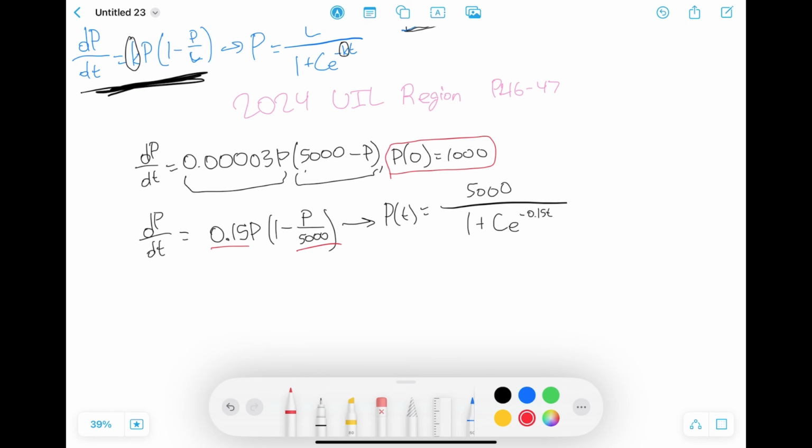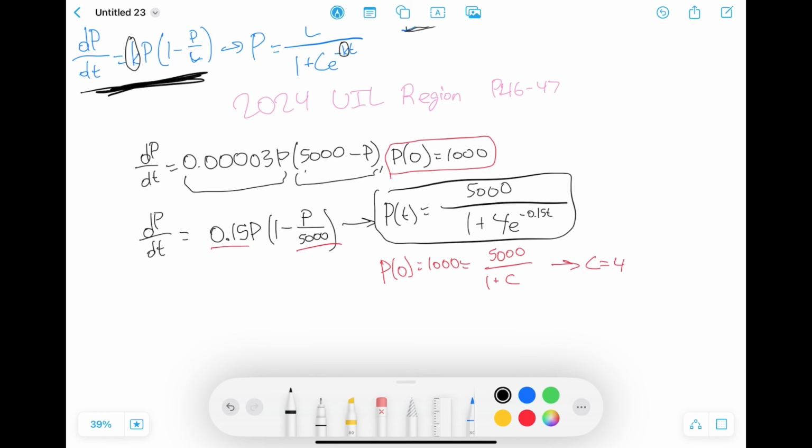We plug in p of 0 to be 1,000, we get 5,000 over 1 plus c, since e to the power of 0 is just going to be 1. This implies that c is 4. Once we replace that with a 4, we have a complete equation.